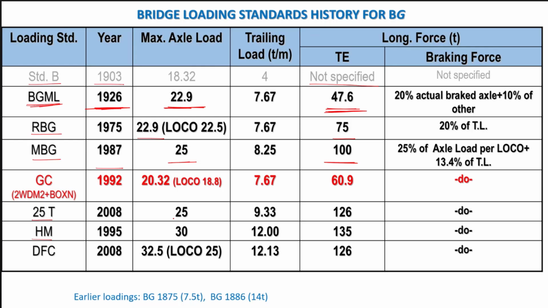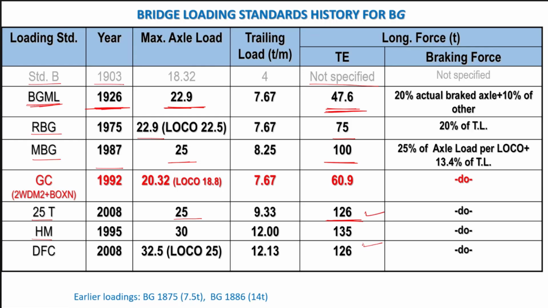Again the 25 ton loading of 2008 came when the DFC came. At that time the 25 ton loading was introduced, where we increased the tractive force to 126 ton because of a new loco with higher hauling capacity. So they are designed for both DFC as well as 25 ton.